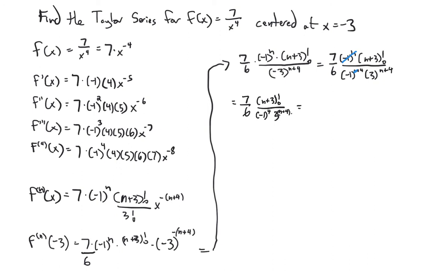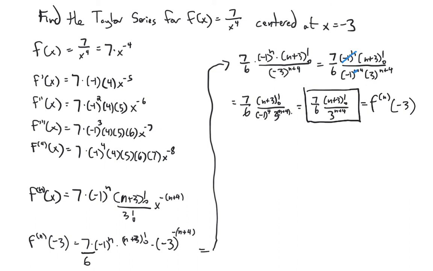But negative 1 to the 4, that's just 1. So I can rewrite this as 7/6 times n plus 3 factorial over 3 to the n plus 4. So that's great. This here, we just figured out, is a nice simplified version of our nth derivative evaluated at our center at negative 3.